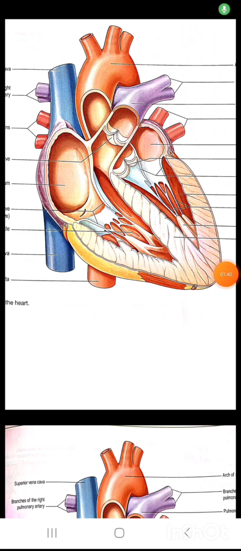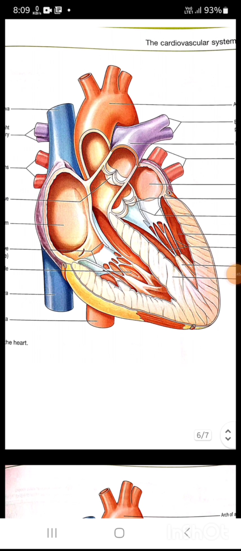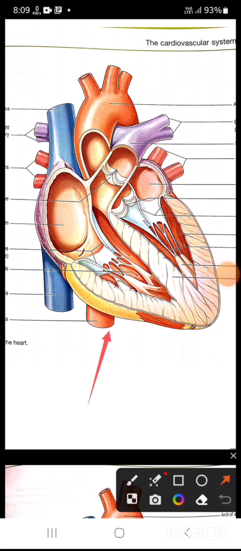So the content is telling that the layer of the ventricle, meaning the wall of the ventricle, is much thicker than the atrial wall. We can see in the picture how the wall of the ventricle is thicker than the atrial wall.